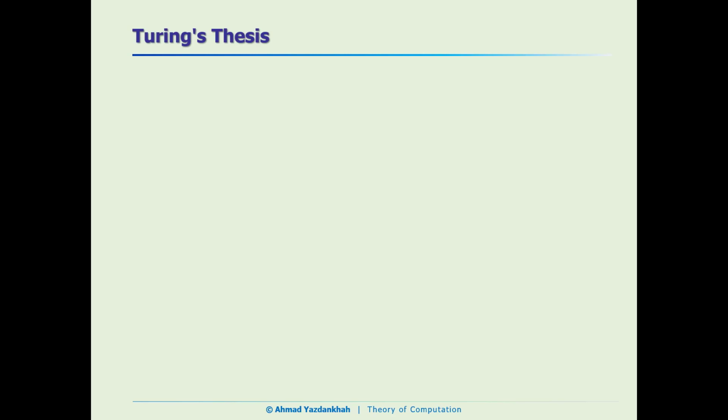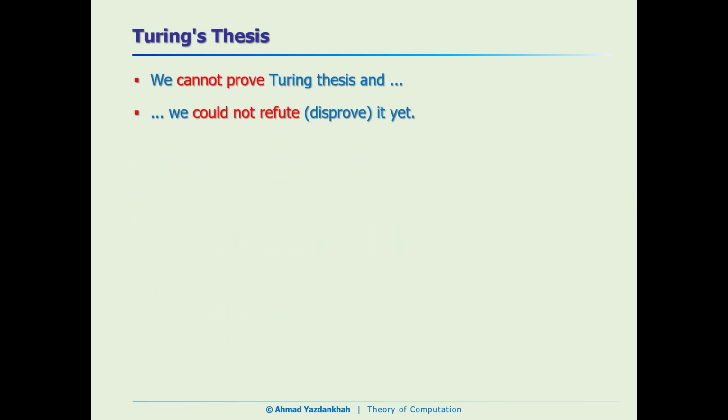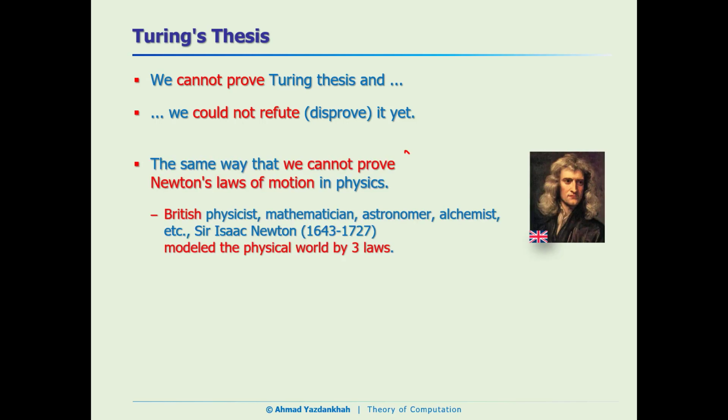Okay, the point is that we cannot prove Turing thesis, and also we could not refute it yet. Does this look strange? So how come we are using Turing thesis when we cannot prove that? Yeah, that's the problem we have in science, in fact. Exactly the same thing that we cannot prove Newton's laws of motion in physics. We cannot prove them.